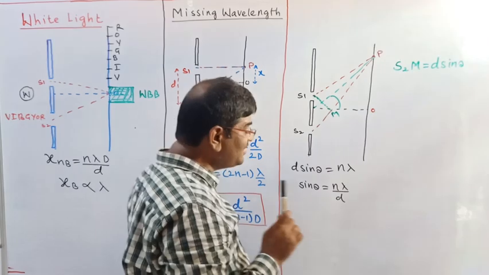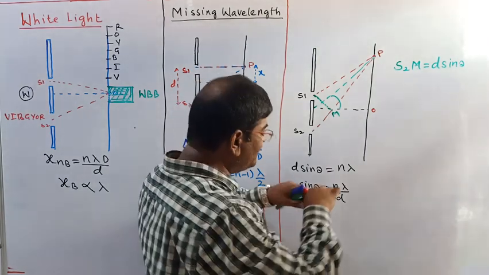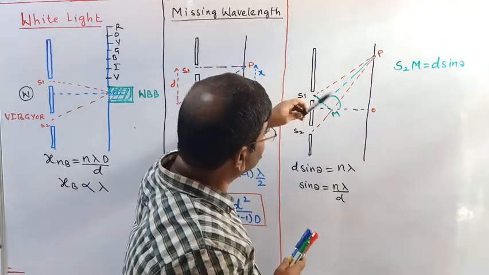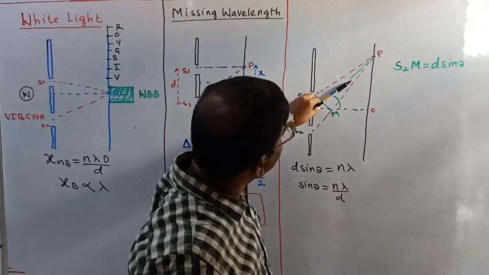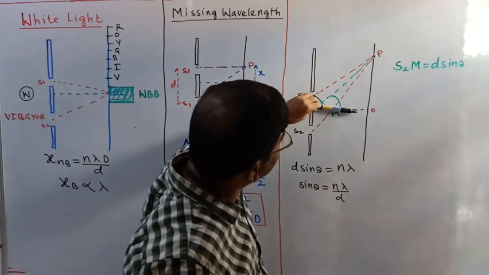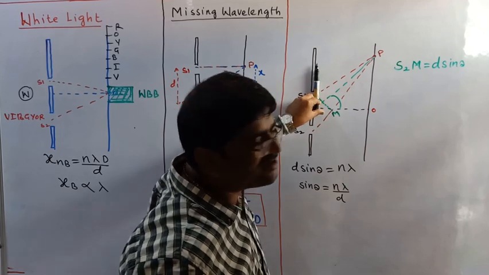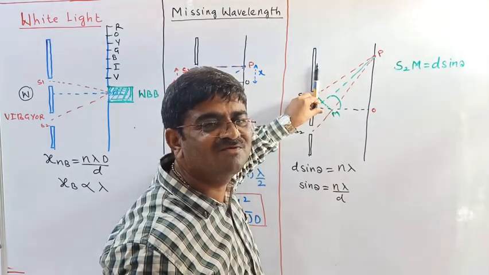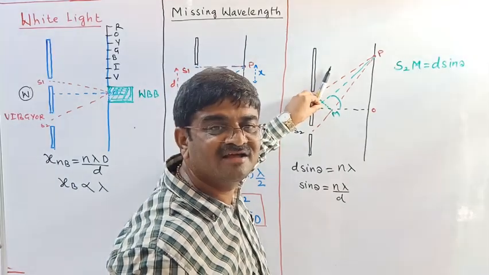You can see one limitation which I have here: sine theta. What value can I have for theta? See over here, this is my theta. From here, 0 goes on increasing. And theoretically, what is the maximum value that I can have for theta? 90. Practically less than that.